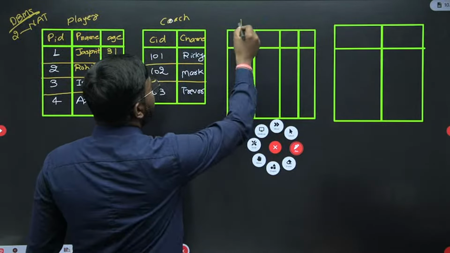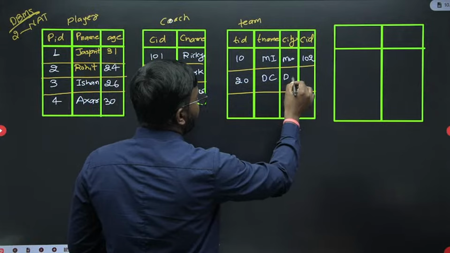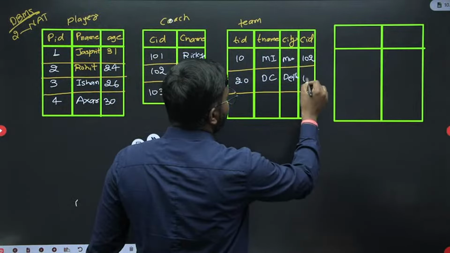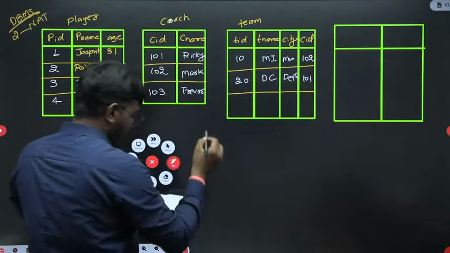Similarly, the second team was 20, the team name is Delhi Capitals, and the city is Delhi, with coach ID 101. The third team was 30, from Punjab, Mohali was the city, and this is 103. Okay, this was the team.